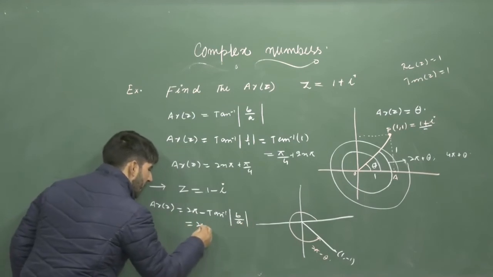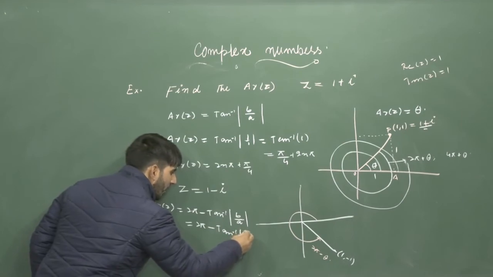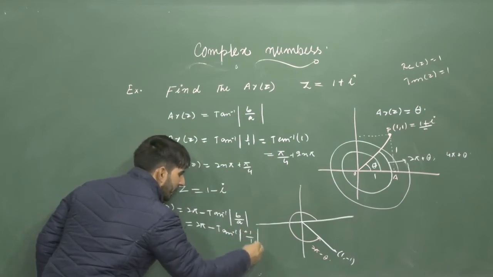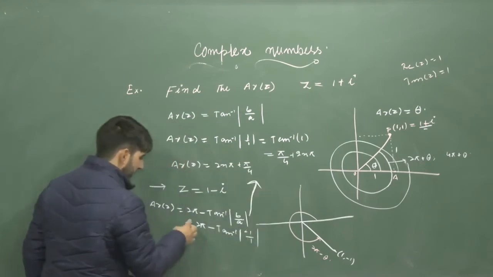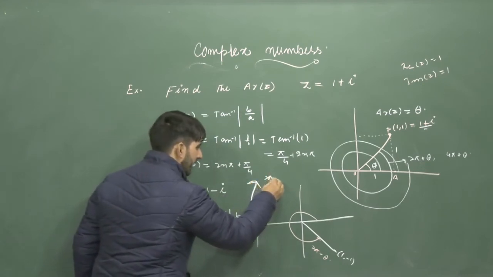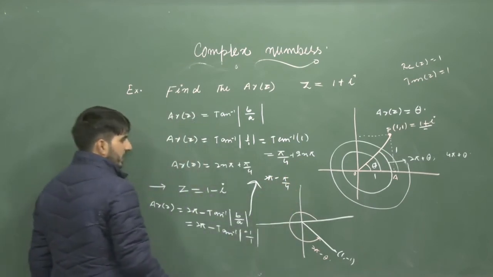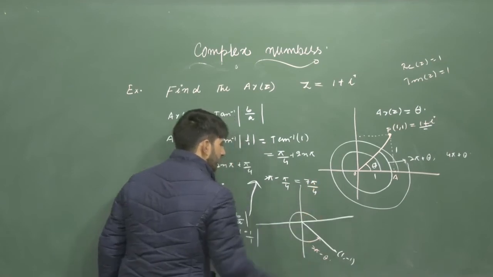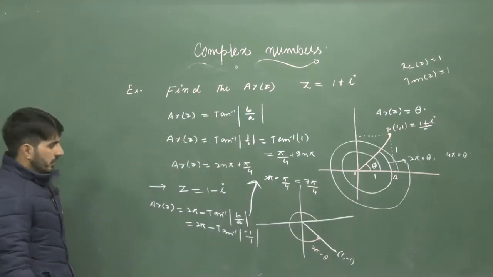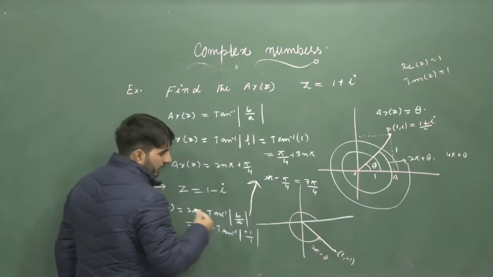So, this is 2 pi minus tan inverse of minus 1 by 1, which is equal to 2 pi minus pi by 4. This is equal to 7 pi by 4. So, this angle is 7 pi by 4.